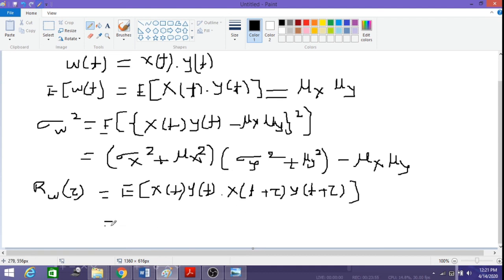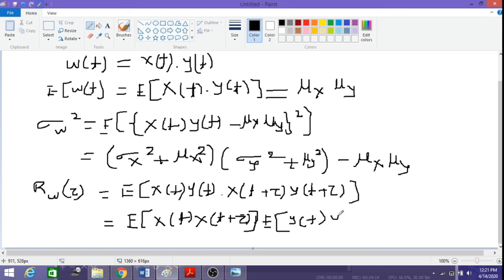If you group these terms, that is an expectation of x of t into x of t plus tau, then an expectation of y of t with y of t plus tau.